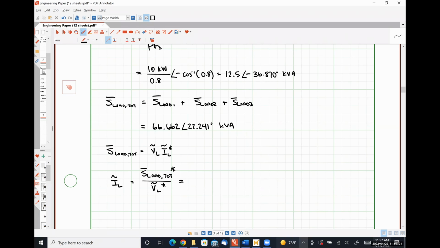I am going to say then that we have 66.662 angle negative 22.241 degrees kilovolt amperes divided by 480 angle 0 degrees.